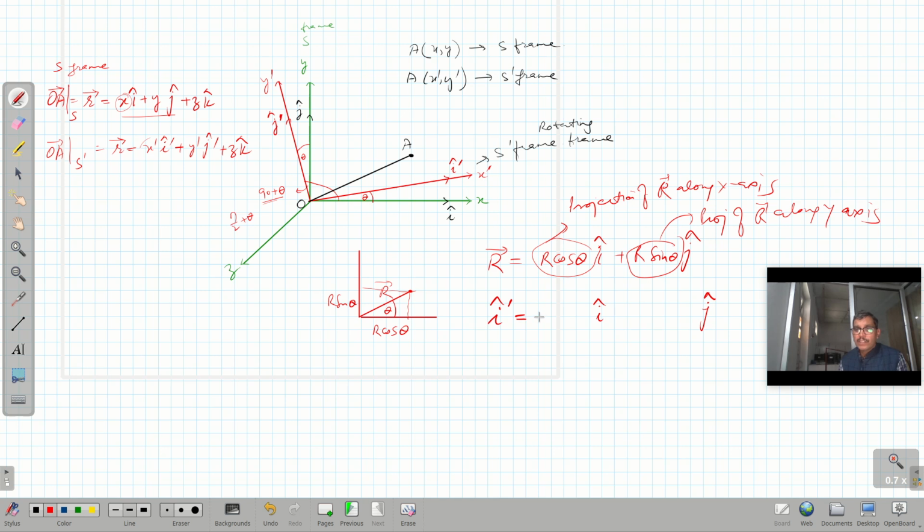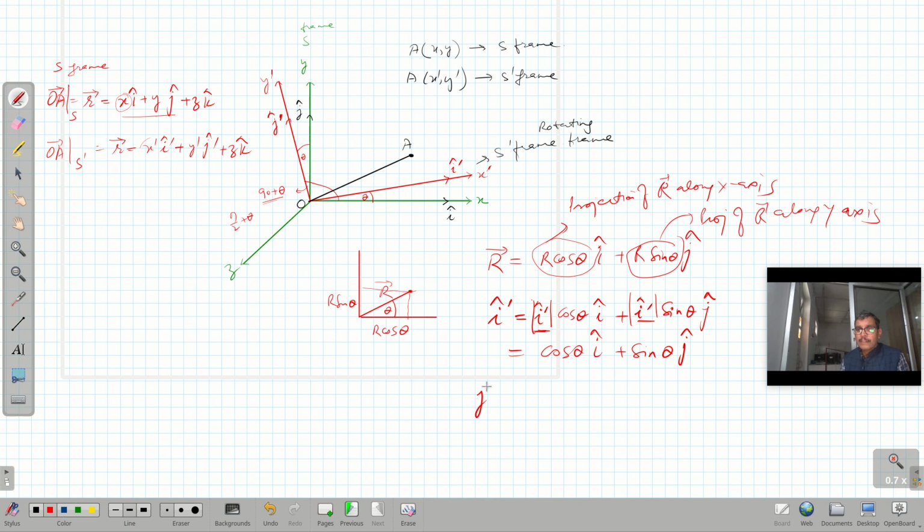So it is i prime cap, its magnitude, and cos theta, plus i prime cap sine theta. The magnitude of a unit vector is always 1, so it is cos theta i cap plus sine theta j cap.